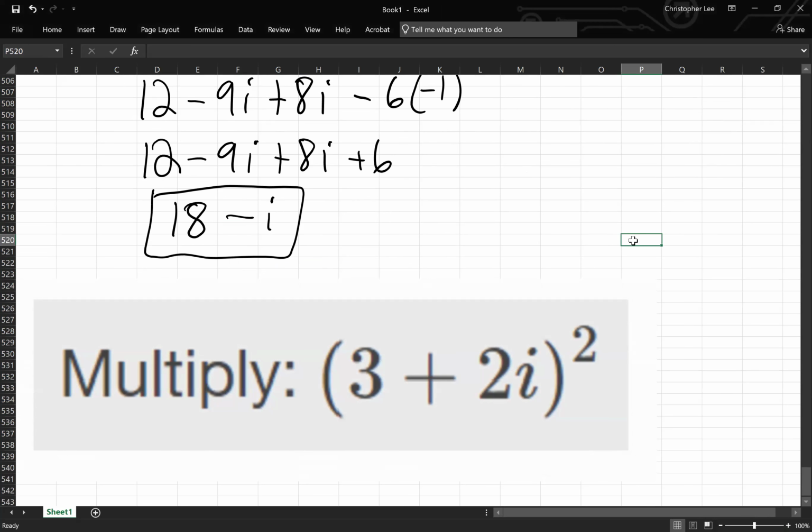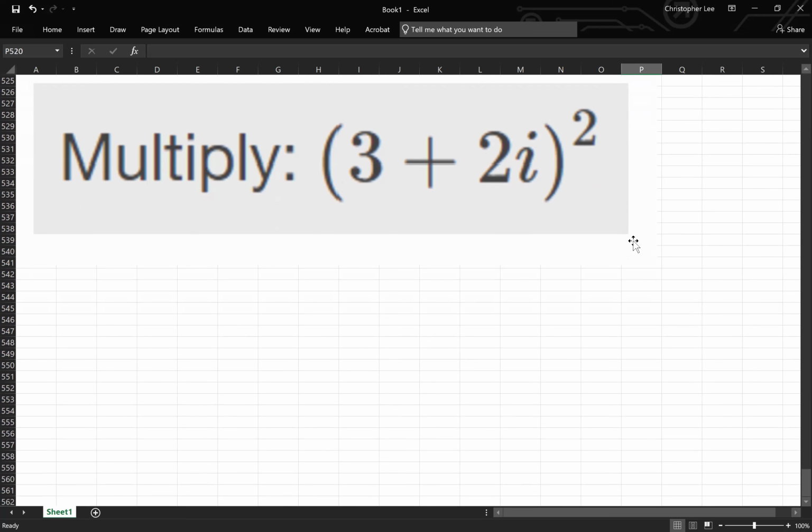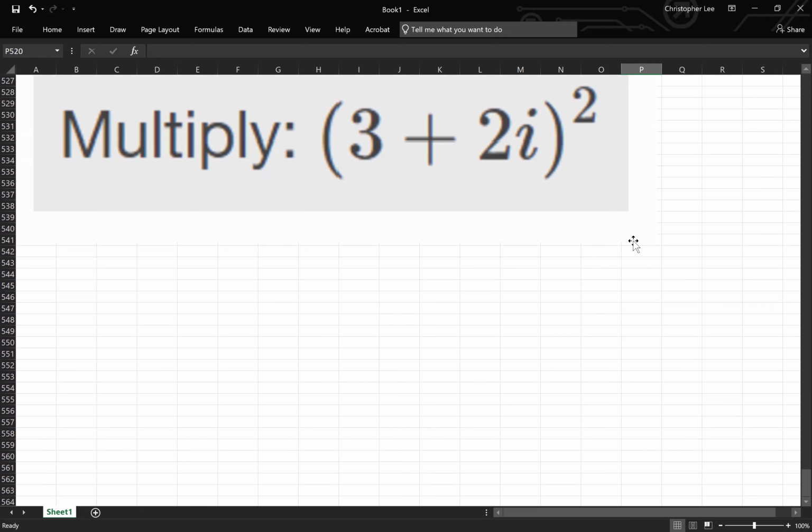Just remember how to do the distribution, right? You have two ways of doing the distribution. That's more important than remembering the square pattern. The square pattern is kind of like a trick. It only works in situations like this when you have two binomials that are the same being multiplied, all right? I'm going to use the square pattern right now, but again, don't take it to heart if you are struggling with it. Just do the distribution and you will never get it wrong, right?